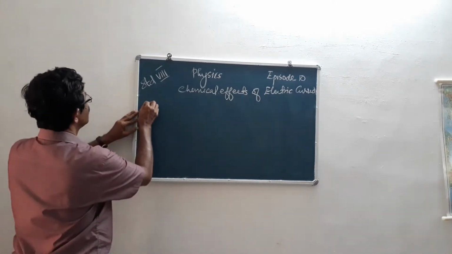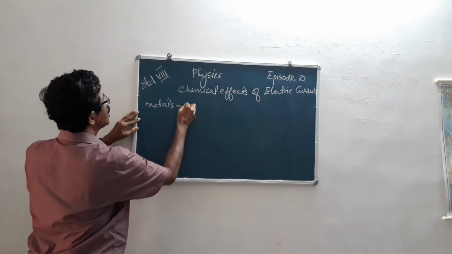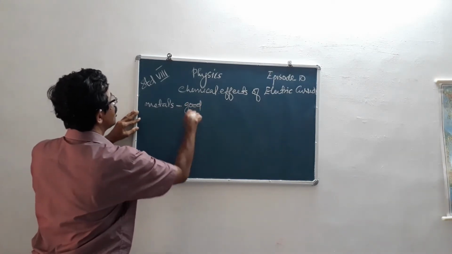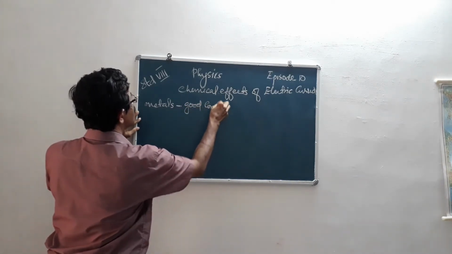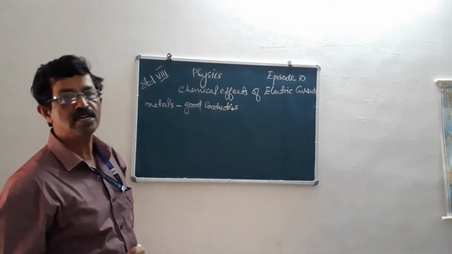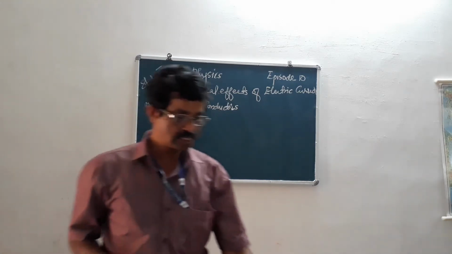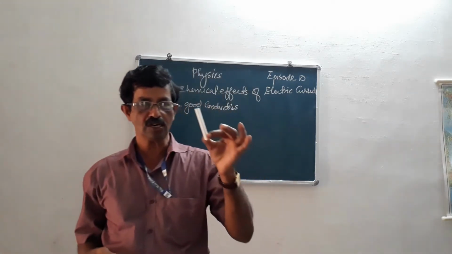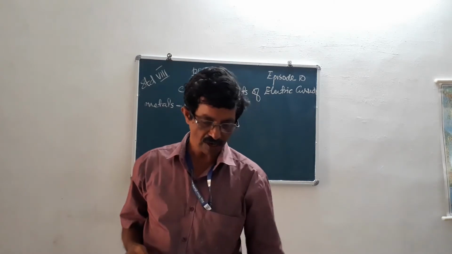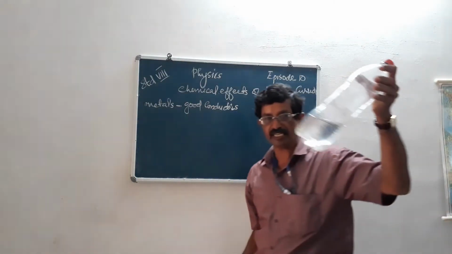So metals are good conductors of electricity. But you see, this chalk or the liquid we have taken.